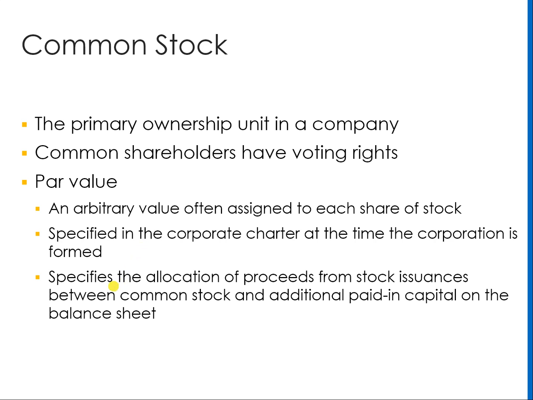Typically, the par value does not have economic meaning. The par value is used in the allocation of proceeds from stock issuances. We allocate the proceeds into the common stock and additional paid-in capital accounts, and we allocate par value into the common stock account, which we're going to talk about in the journal entry very soon.